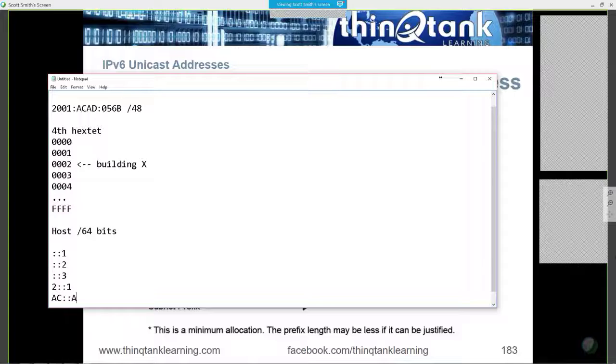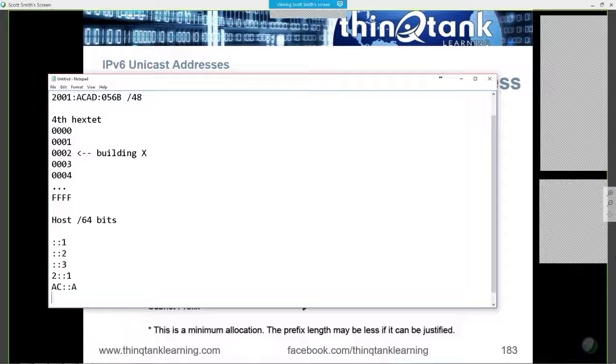You see what I'm saying? Because you can forget the first 48 bits. You're not going to use all 64 bits of the host range. You're going to use consecutive numbers within that range. So when it comes down to it, if you do your subnetting correctly in IPv6, the addresses can actually be easier than IPv4.